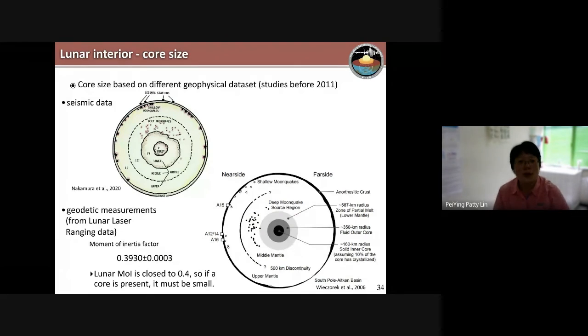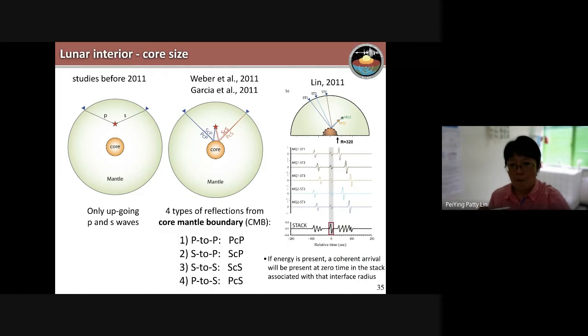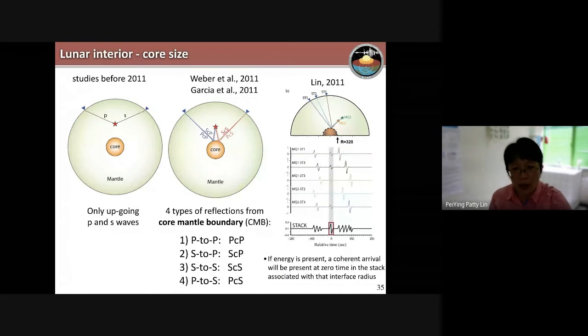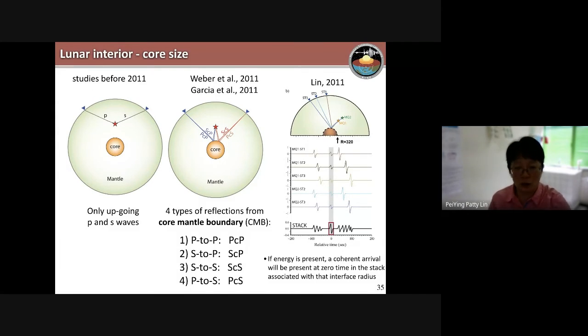And let's go to the core. Due to our time, I will go quickly. Basically, we can use the seismic data or also gravity data as well. We use the data I shared with you in the beginning, and we use the reflection energy. After 2011, two groups used reflection energy to look for the core.